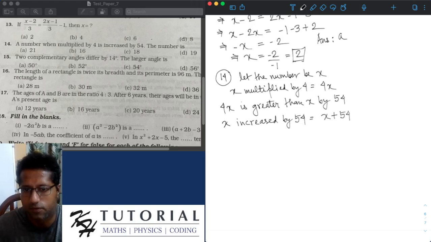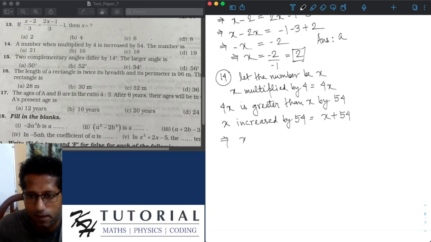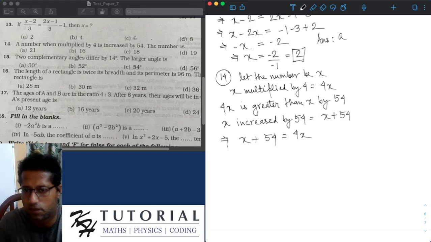I mean, if we increase x by 54, it becomes x plus 54, and this will be the same as the number multiplied by 4, because it says that a number when multiplied by 4 is increased by 54. So from here we can say that x plus 54 equals 4x. Now this is the linear equation we got.